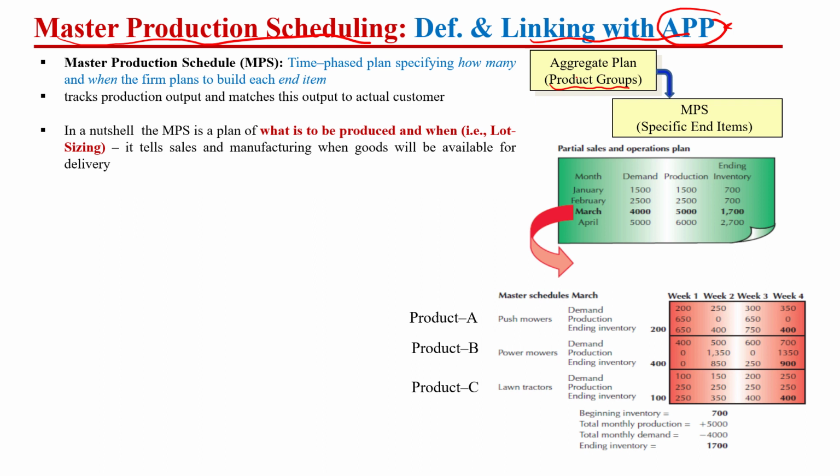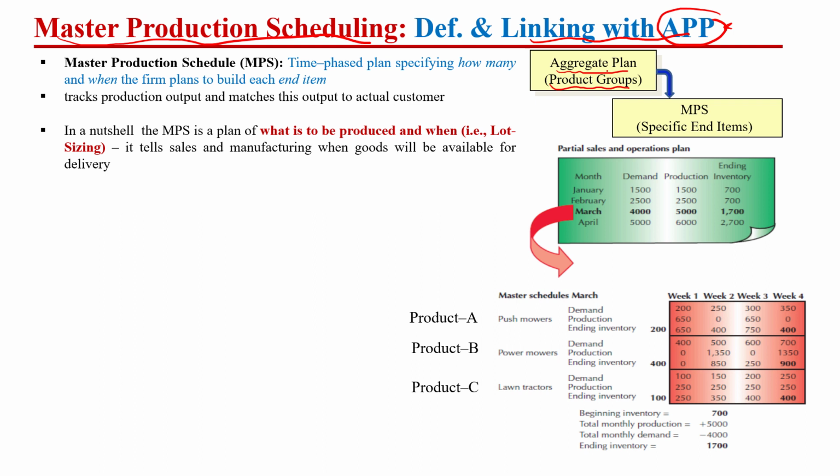Based on that, we develop the aggregate production plan, where we find the trade-off between the production rate, meaning production quantities of a particular product group in a particular month, what the workforce would be, and what the inventory would be.